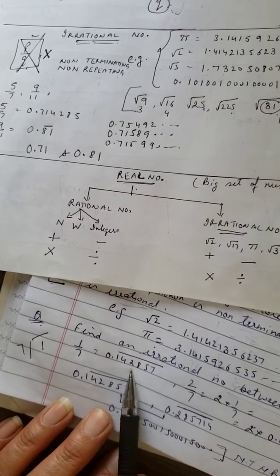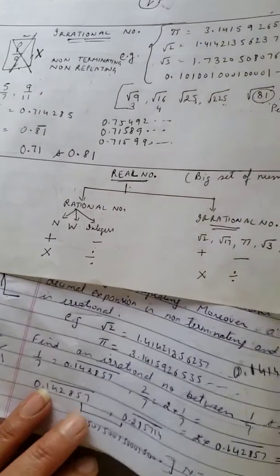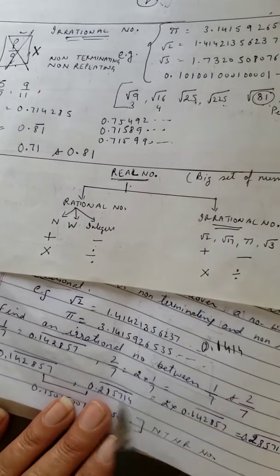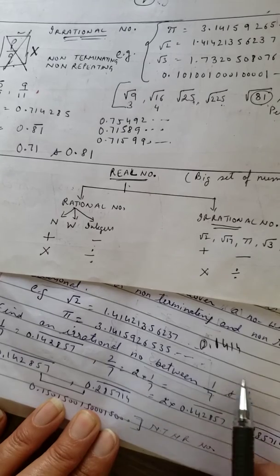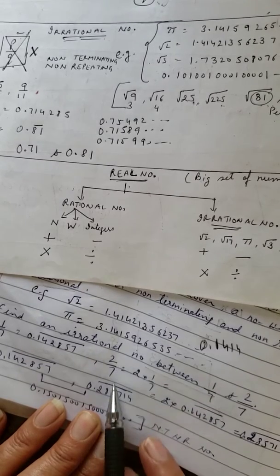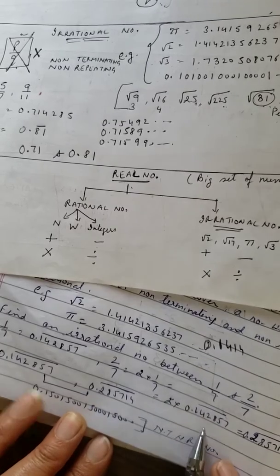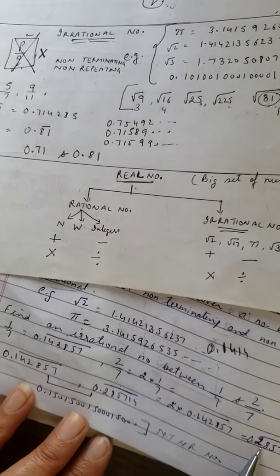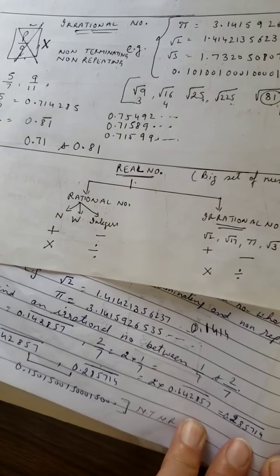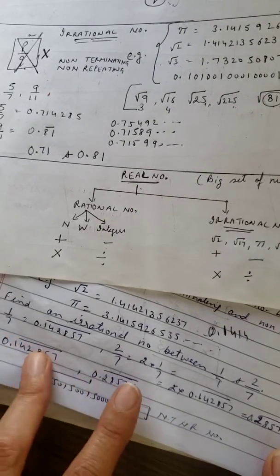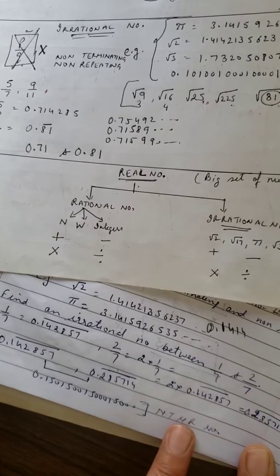It is going to be 0.142857, and then again divide the second number which is given to you, 2 by 7. You know how to write it, 2 into 1 by 7, multiply, and you can see this is going to be the answer. So now we have the two answers to 1 by 7 and 2 by 7.